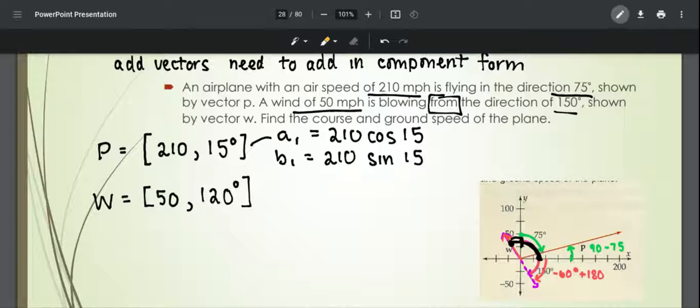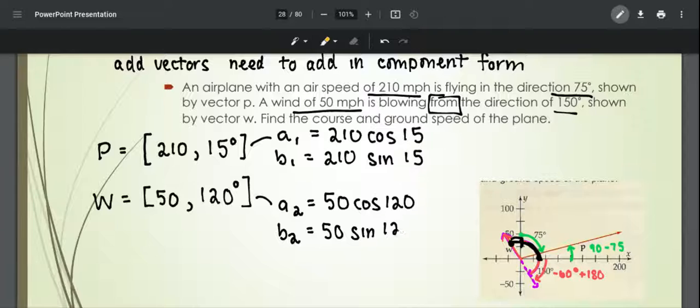And then you have to do the same thing for wind. These components we'll call A2, which would be magnitude times the cosine of the angle, and B2 would be magnitude times the sine of the angle.